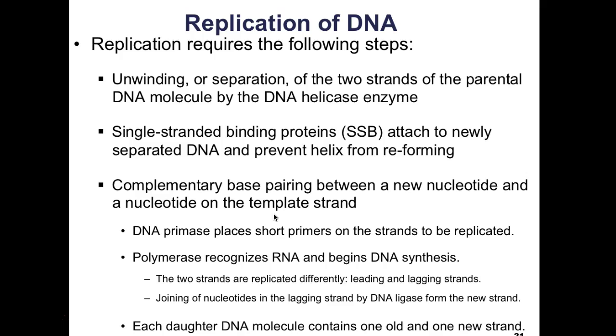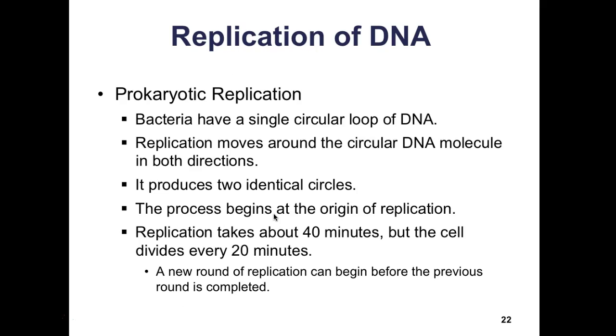The leading strand will be replicated on a continuous basis, and the lagging strand will be replicated in small fragments called Okazaki fragments. And you'll see that in a minute. The joining of the nucleotides in the lagging strand then is done by an enzyme called DNA ligase. DNA ligase will form that new strand so that each daughter DNA molecule contains one old and one new strand.